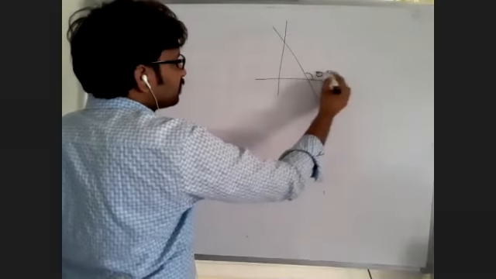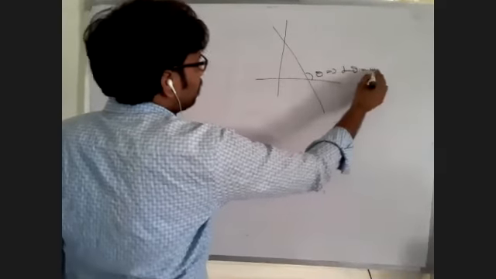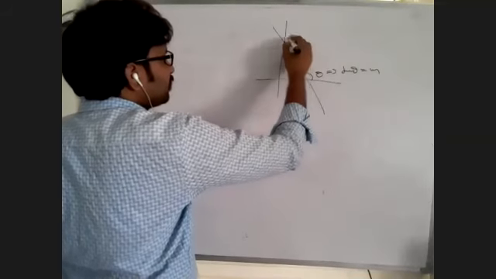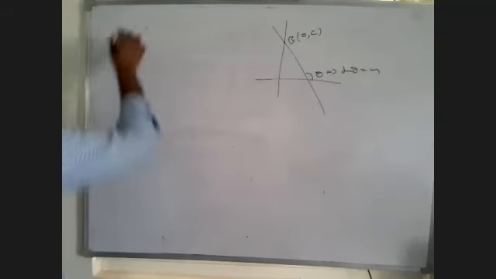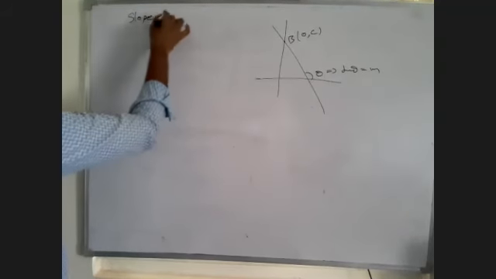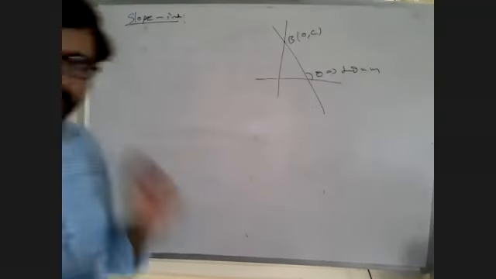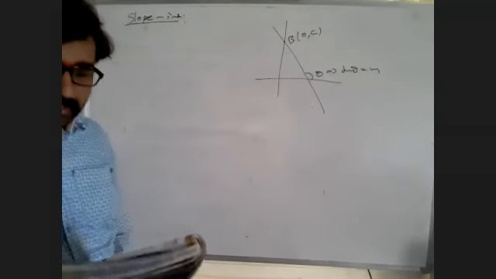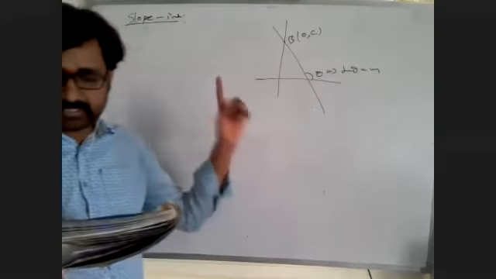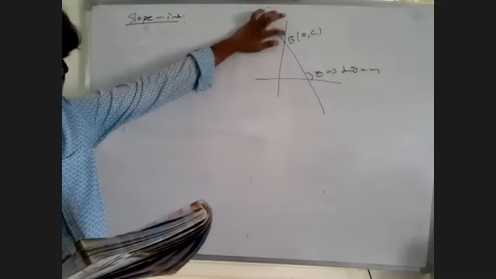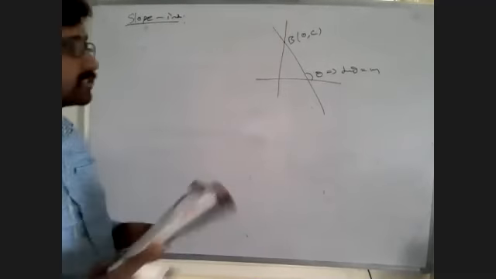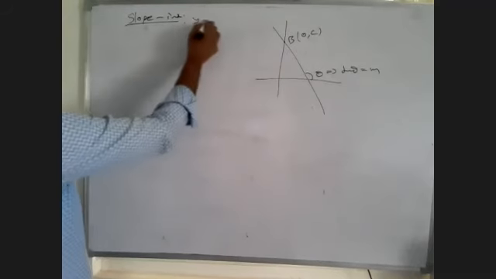This is the inclination, then tan theta is the slope, and this is the y intercept, 0,6. So that's the slope intercept form. The equation of the line whose slope is m and which has y intercept c is y equal to mx plus c.